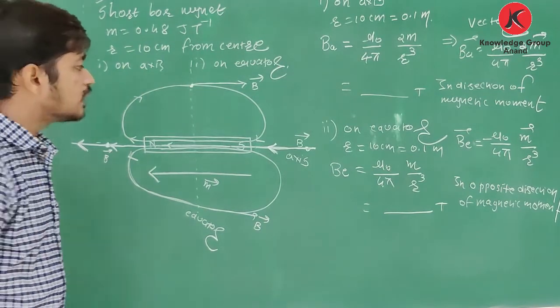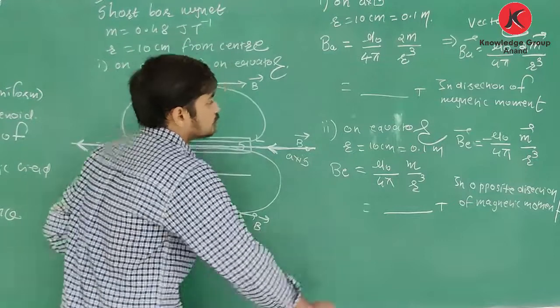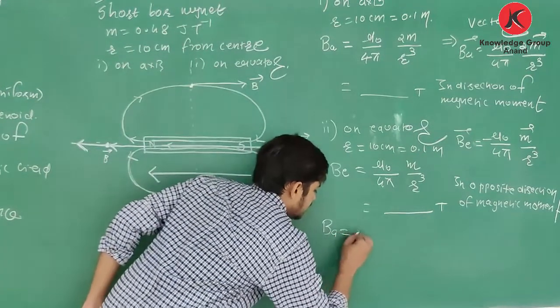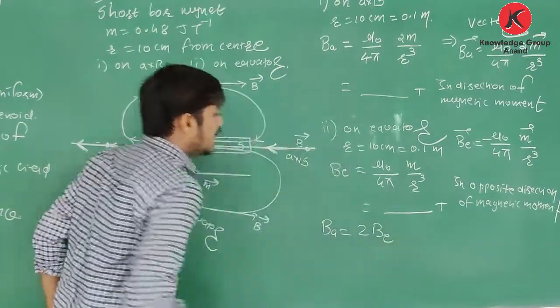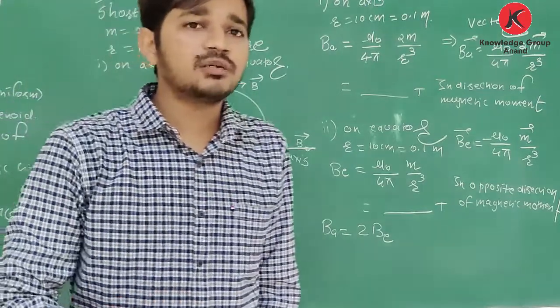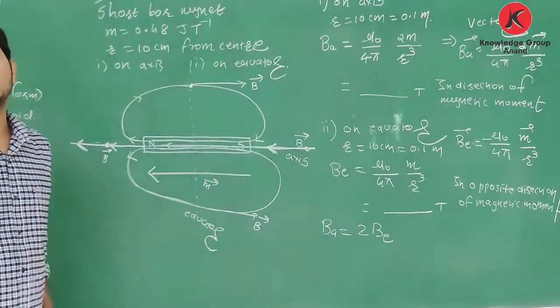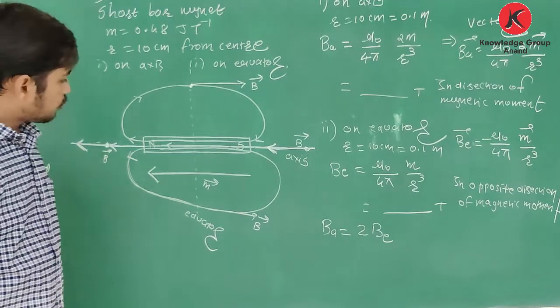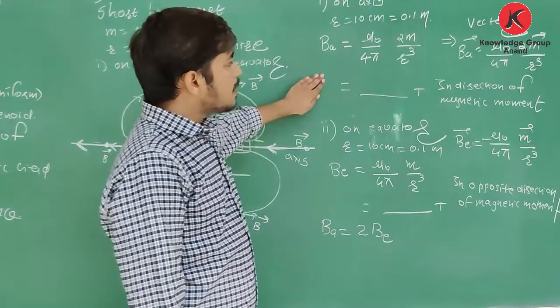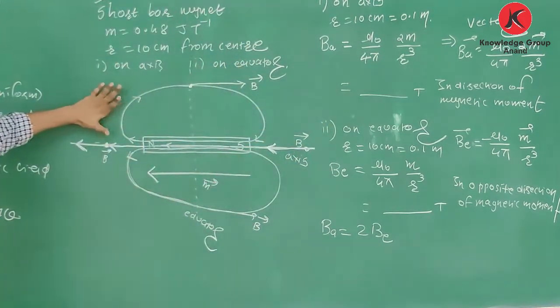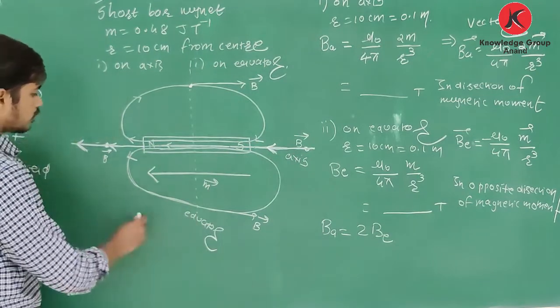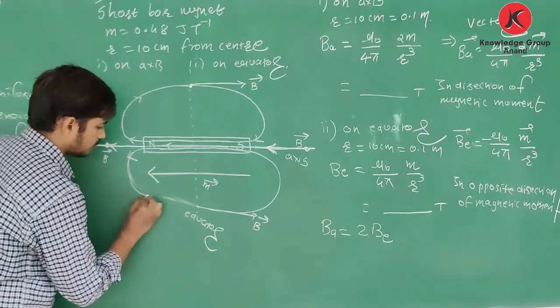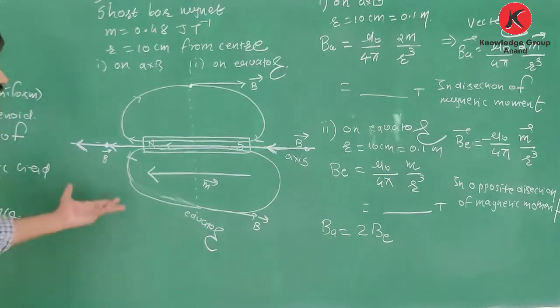And the relation between these two is BA is equal to 2 BE, like we obtained in chapter number 1. Yes or no? So it is one simple question, but for direction you have to draw this figure. Clear about this? So yes, this is about the magnetic field of a short bar magnet.